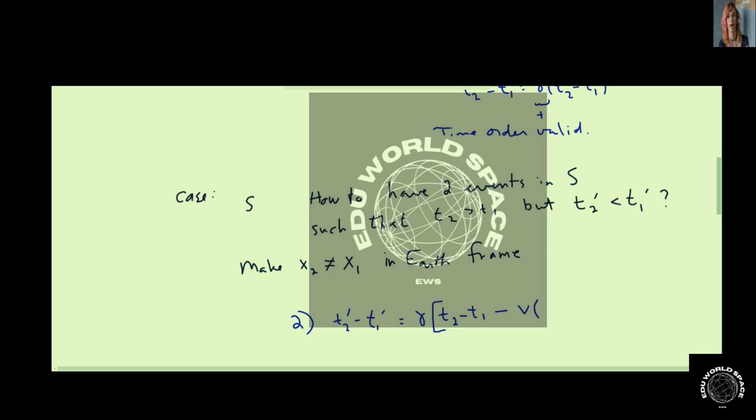To make life a little easier, here we'll put in our position difference. We'll also assume that the x2 coordinate is bigger than x1. We don't have to, but that will help us think through the signs.